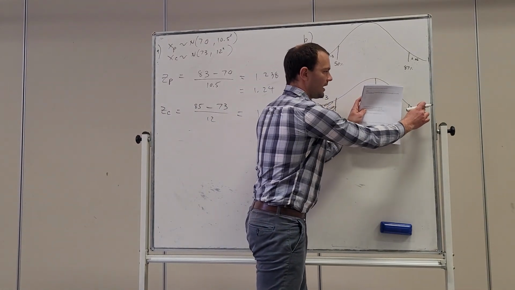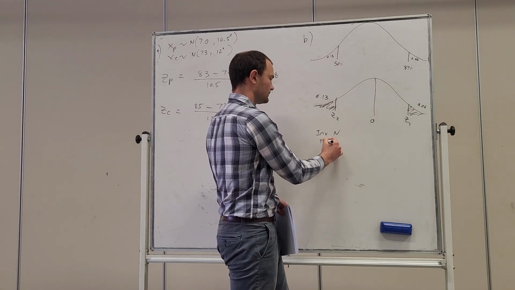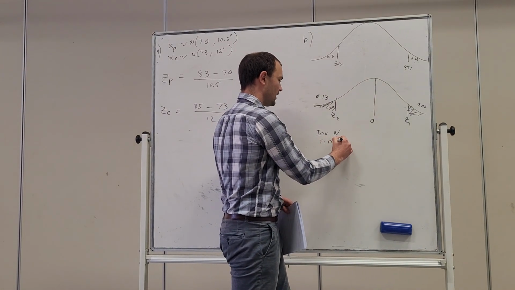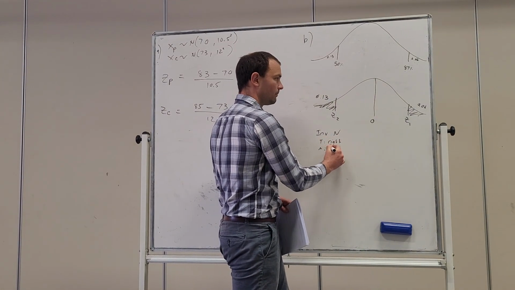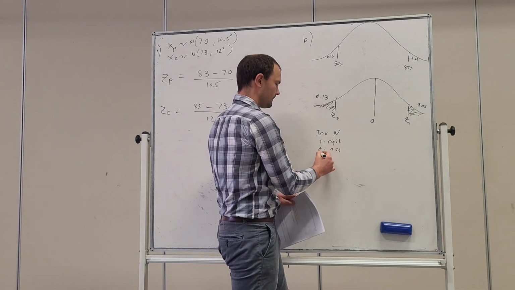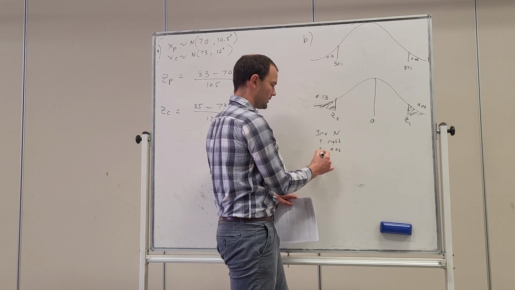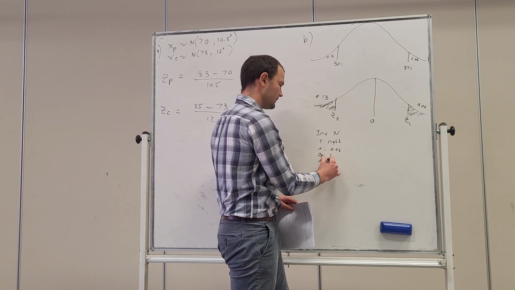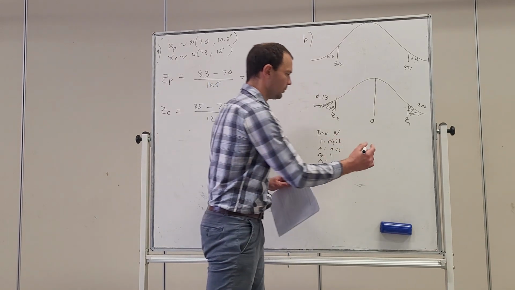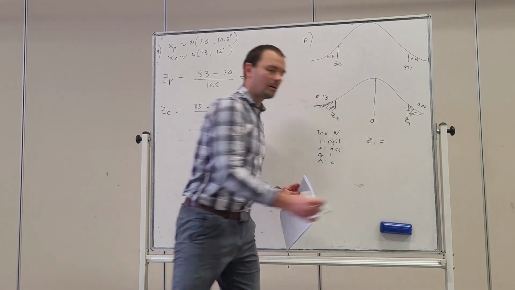Okay, we have a tail pointing to the right. We have an area of 0.06. For a z distribution, the standard deviation comes first, sorry. Standard deviation 1, mean of 0. And we'll put that in to get our value of z1.